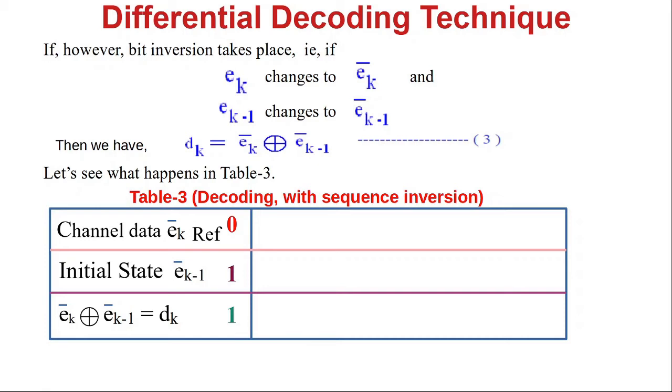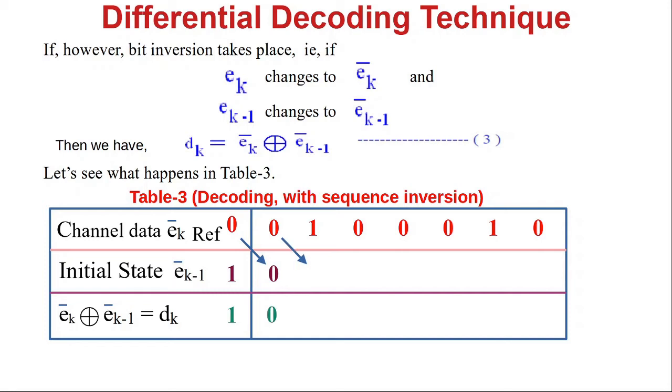Now from table 1 or considering table 2, the channel data will be inverted, so it will be 0 1 0 0 0 1 0. Here the initial state for this will be 0, so dk will be 0.